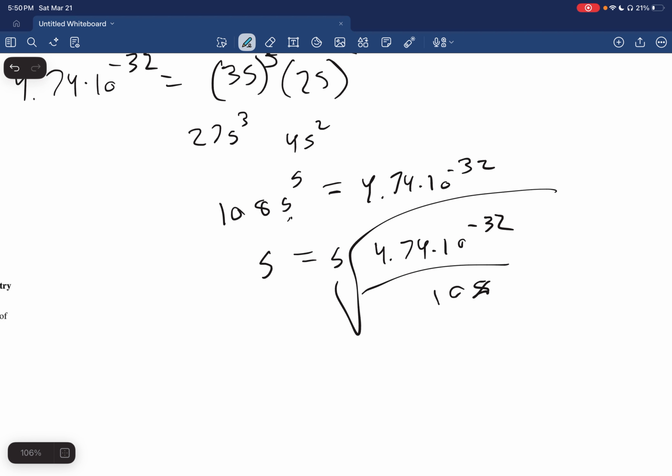Shouldn't be too bad, but let's go ahead and put this in the calculator because I'm not doing that in my head. And that'll come out to 2.13 times 10 to the negative 7.